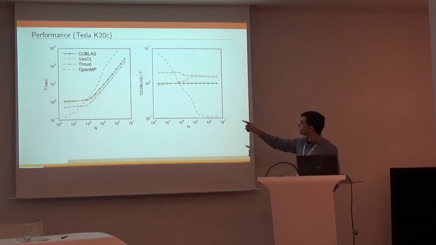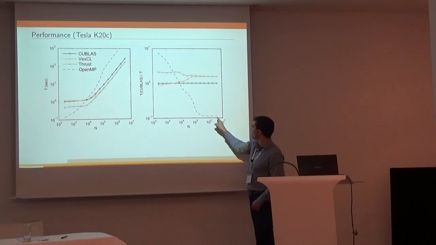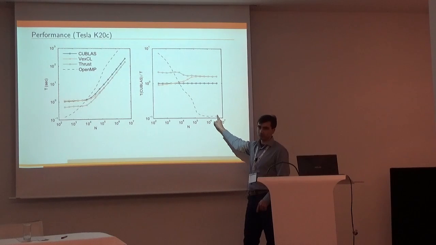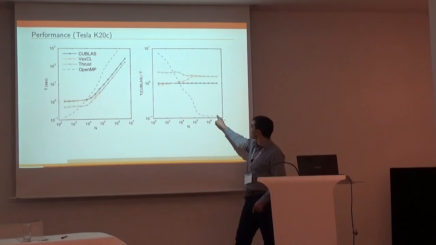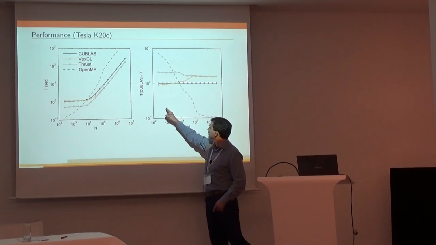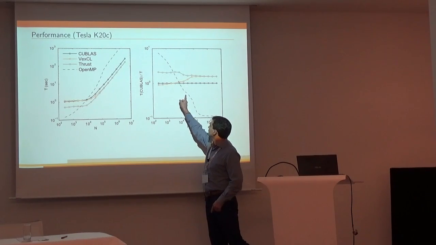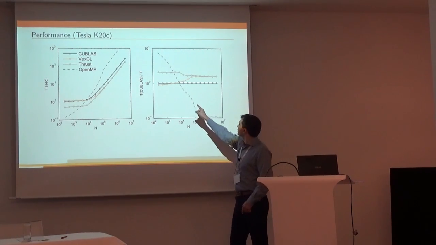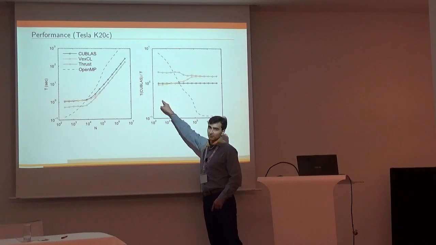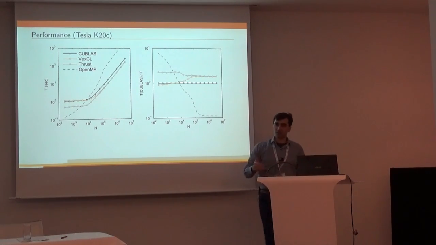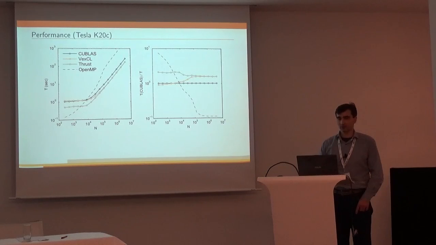And this is OpenMP. If you use OpenCL, it will get about the same performance as OpenMP here for the large problems. But here it will be, I think, actually slower than OpenMP because it has the same initialization overhead.